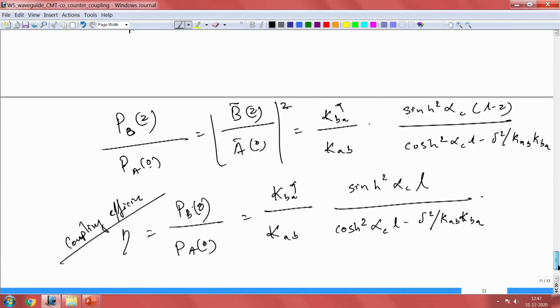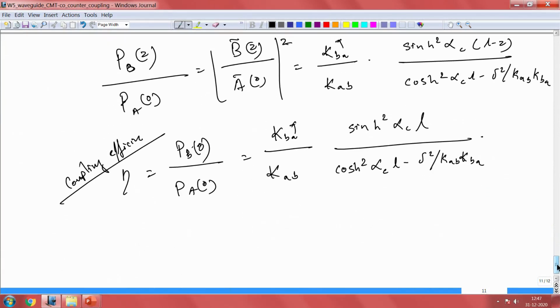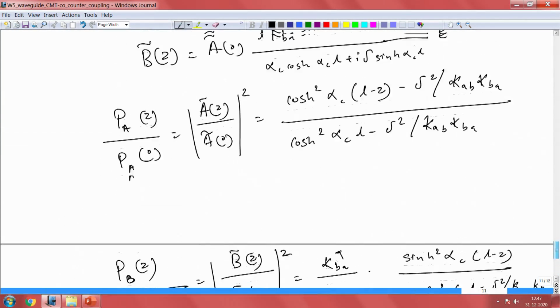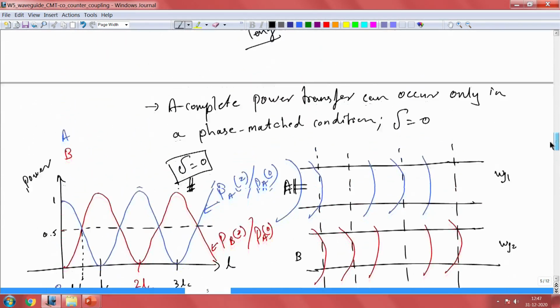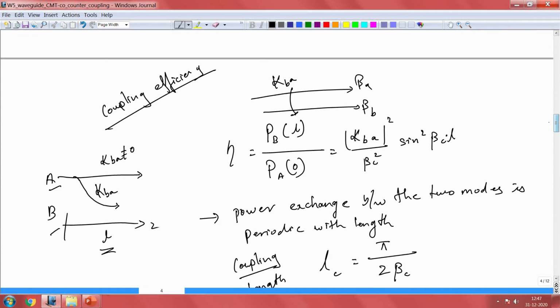When you look at the other coupling efficiency, that is the co-propagating efficiency, let me show you that. There we looked at Pb at L compared to Pa 0. That means you are at the starting point of your waveguide.